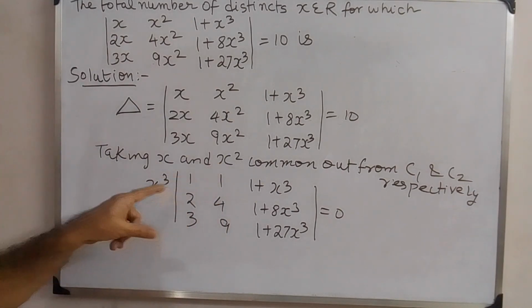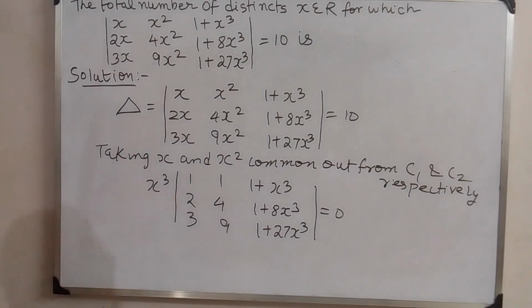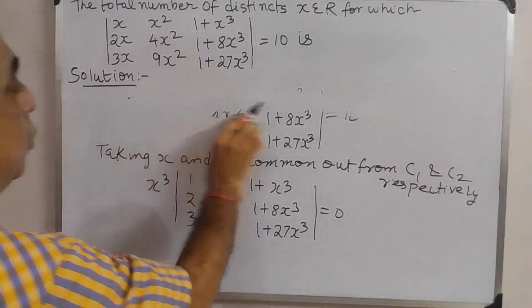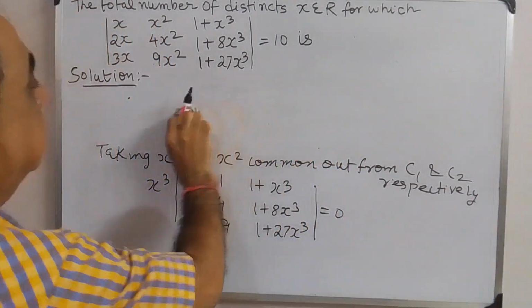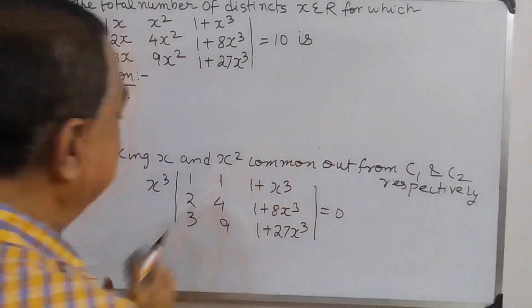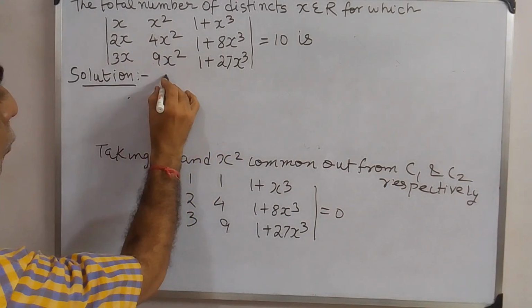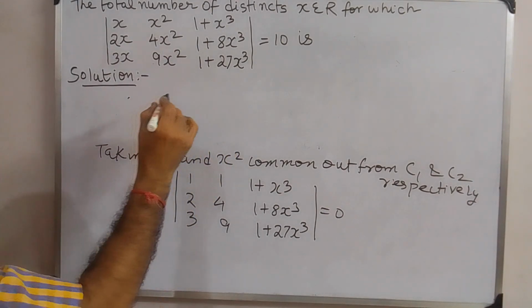Then I will expand the determinant in terms of the elements of the first column. So I will make this 2 and 3 zero by an operation.